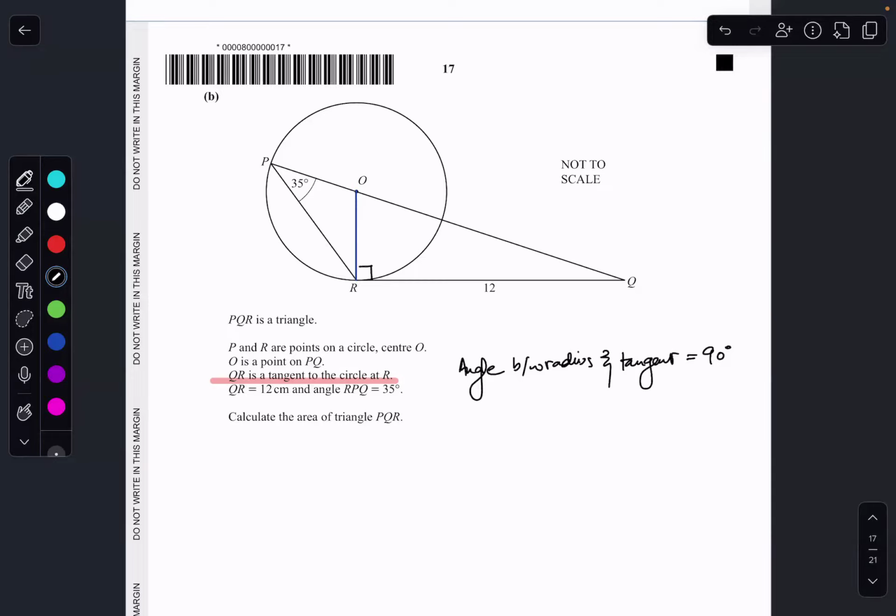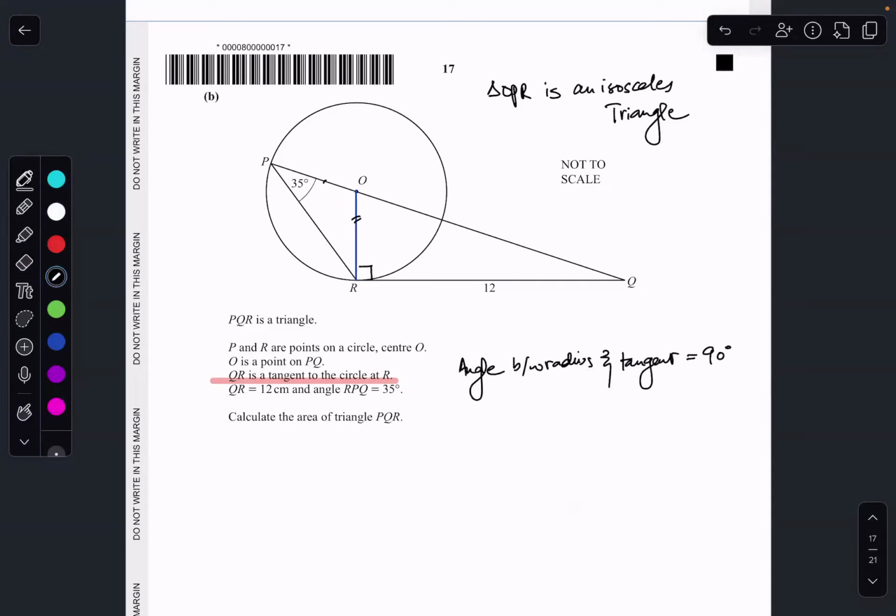Now, if this is 35, we can see that triangle OPR is an isosceles triangle, isn't it? Why is this isosceles? Because this is radius and this is radius. We are dealing with two radii.